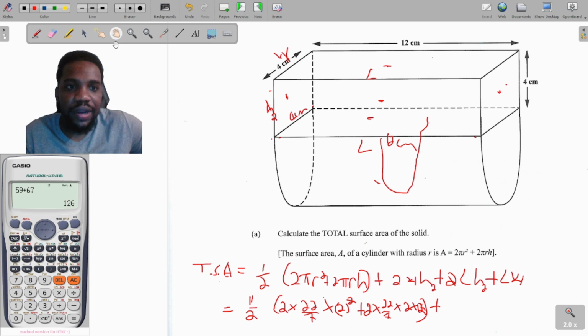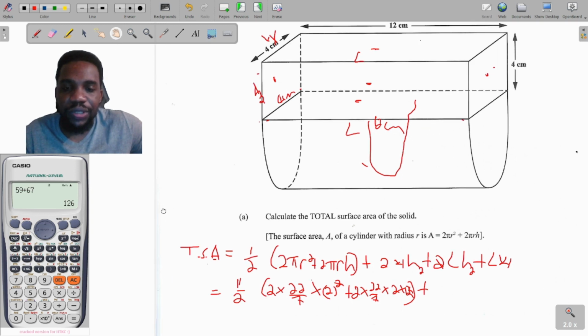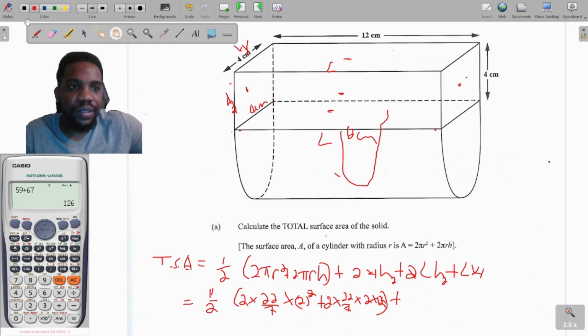Alright, let me carry this down a bit now so I can get everything captured. I probably should carry this over. Alright, let's start with the rectangle. So we have 2 times the width, and of course we said the width is 4, times the height, or height 2, which in this case is also 4, which makes my life easier there, plus 2 length times height, so that's 2 times length, which is 12, times the height, which is 4, plus length times width.